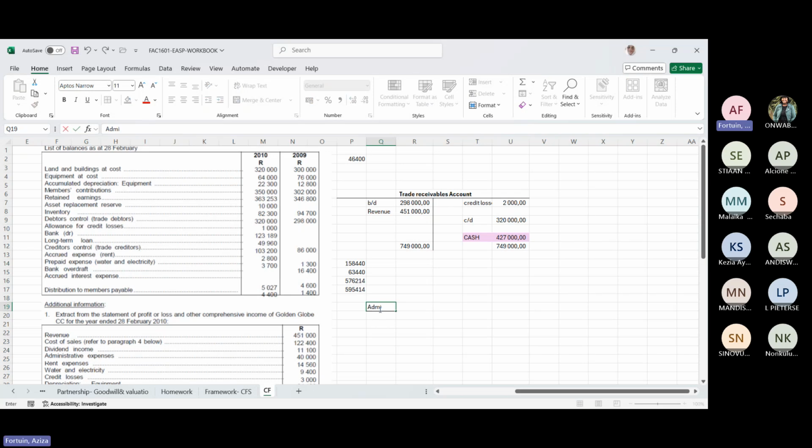What was the administration expense? How much was the administration expense?